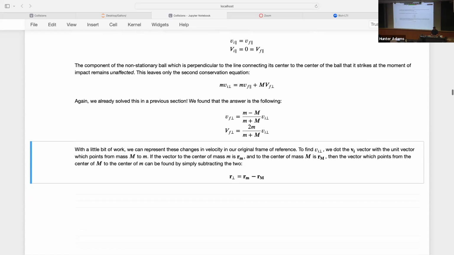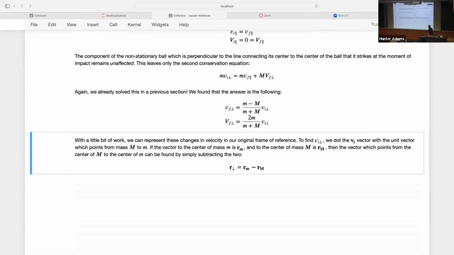So how do you find the initial velocity, that term there? How do we solve for the initial velocity of the little incident mass in that perpendicular direction? The way that we do this is we take its initial velocity and we do the dot product between that initial velocity and the unit vector that points from the big mass to the little mass, right?